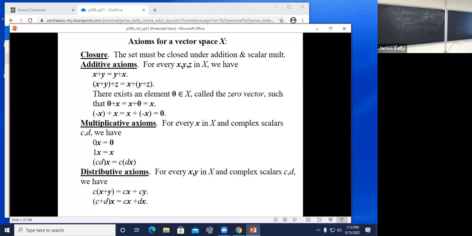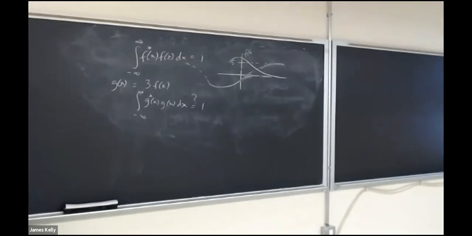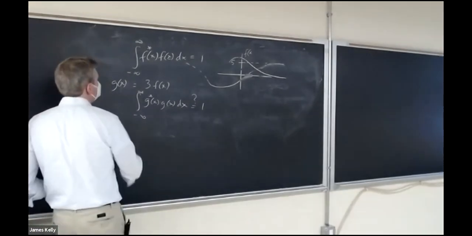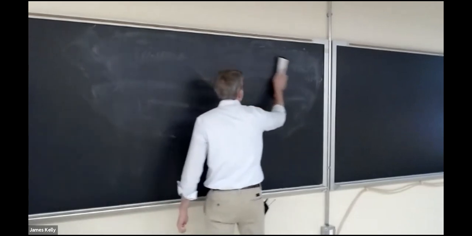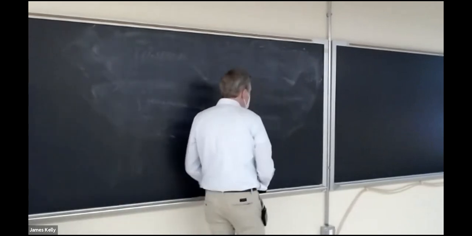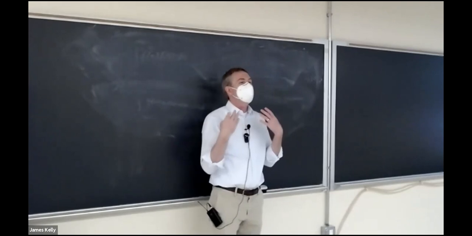Oh, I see. I wanted to say one more thing at the bottom of this page. Usually when we're specifying a vector, just as we do when describing things in 3-dimensional space, when you want to say, what vector am I talking about?